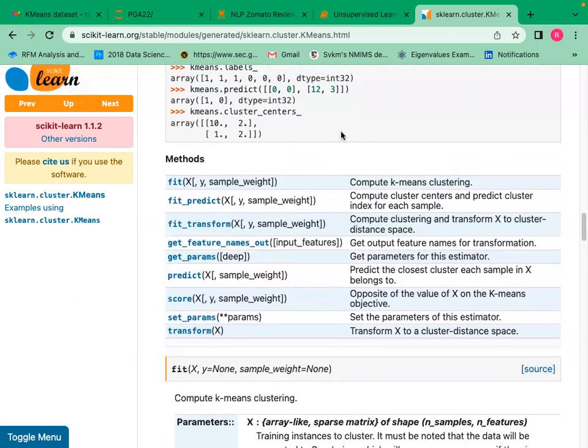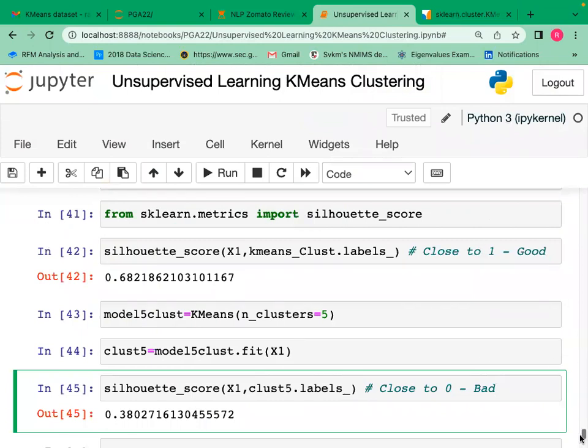Oh, we have a predict also, right? We have not predicted.